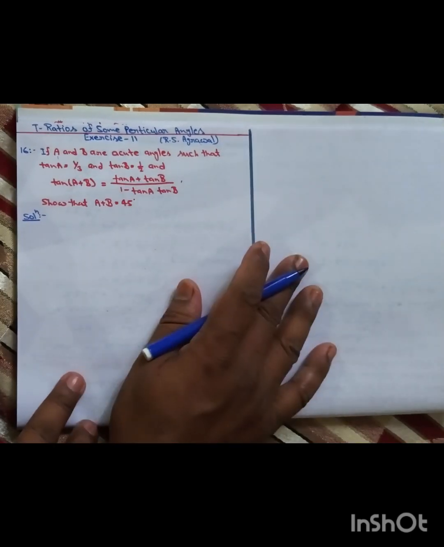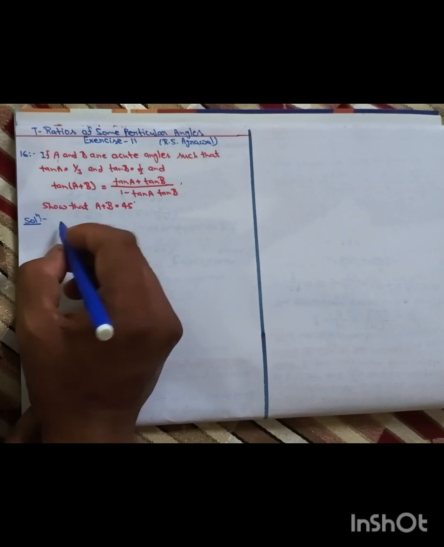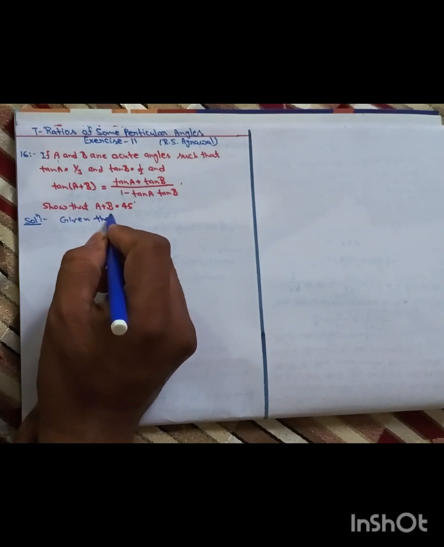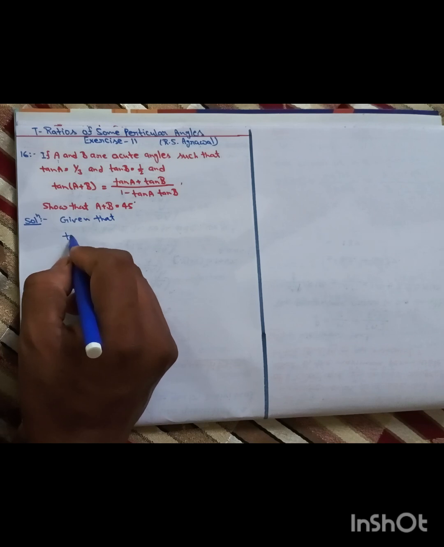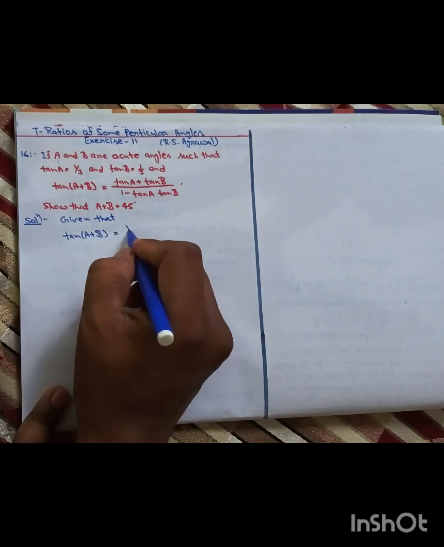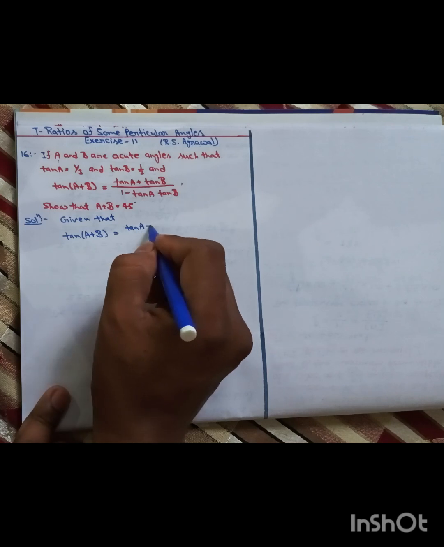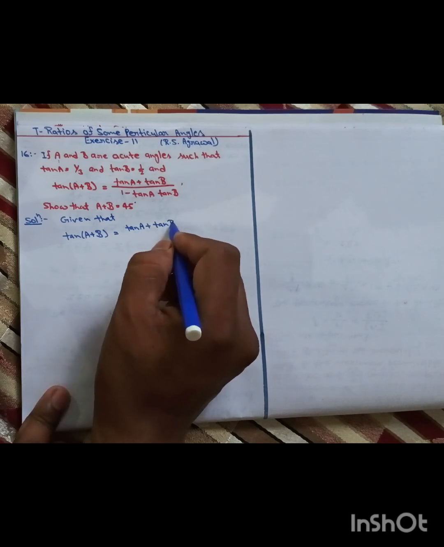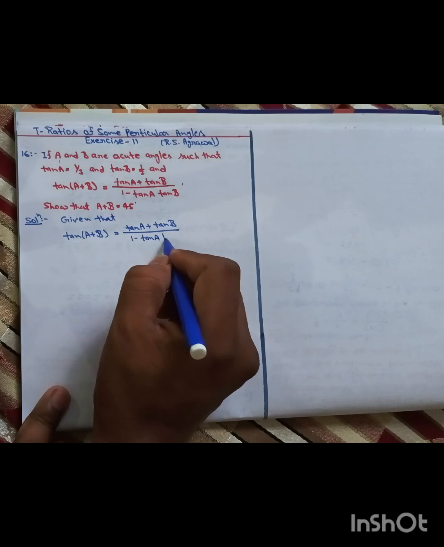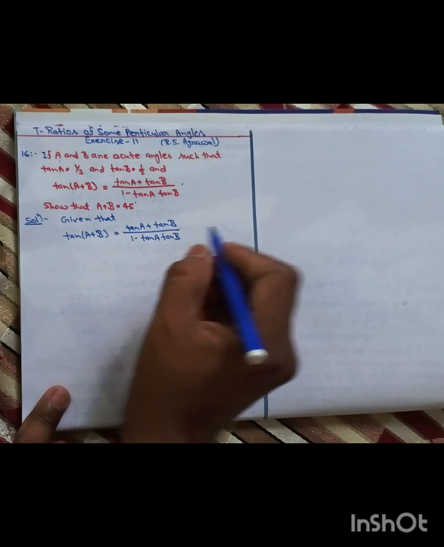Here it's given that tan(A plus B) is equal to (tan A plus tan B) upon (1 minus tan A tan B).